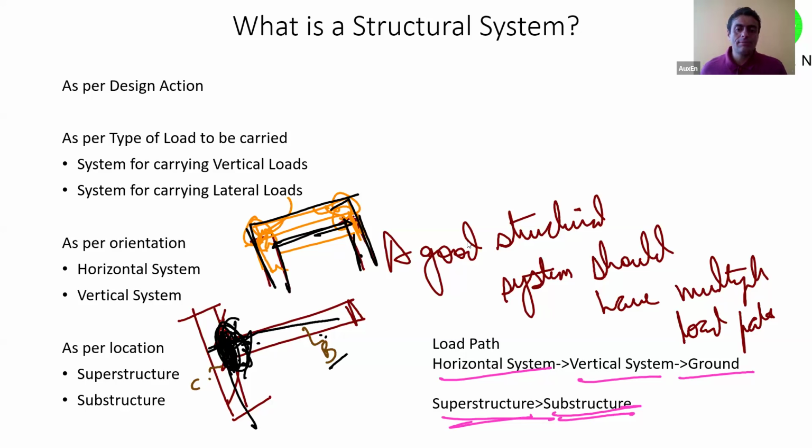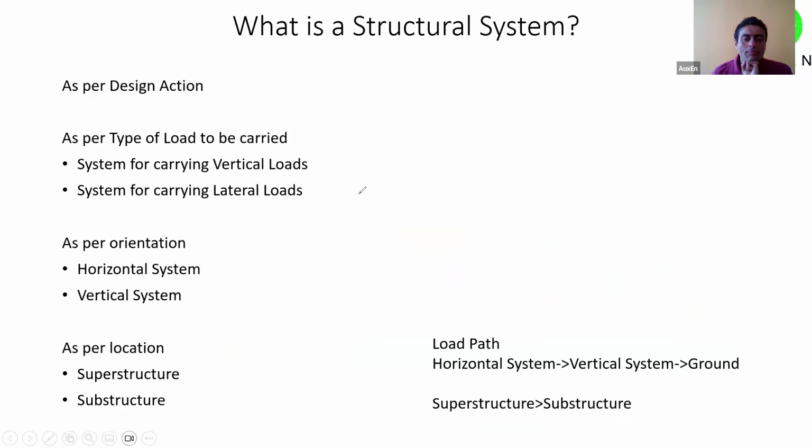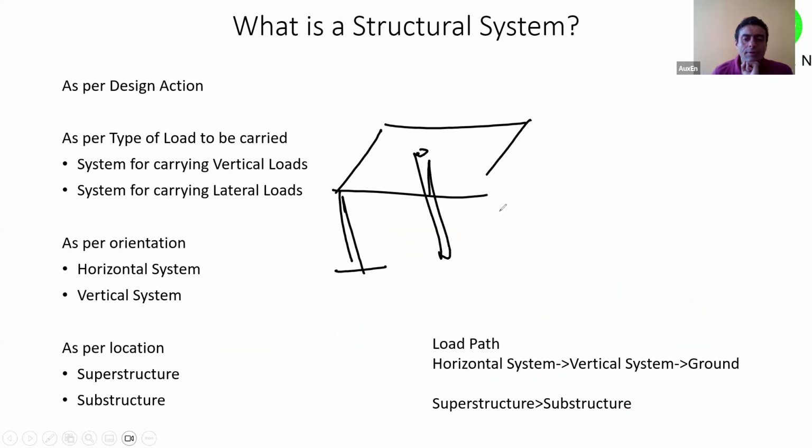So in a structural system, we always wish to have a structural system having multiple load paths. Or for the same example, if I had a flat slab system with columns, with a slab connected directly to columns. Now, what is the problem with this system?